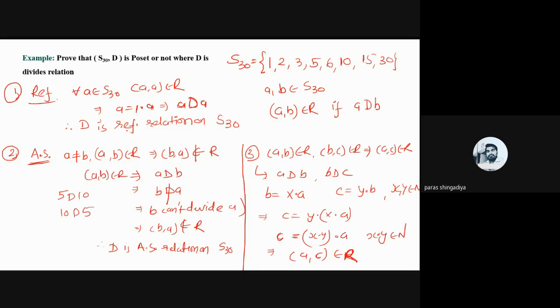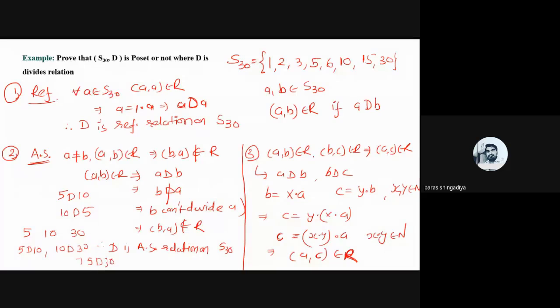And now for the transitive case, if we consider three numbers, 5, 10, 30. 5 divides 10, that is true. 10 divides 30, that is also true. X divides Y divides Z, A divides B divides C. Then we can also say that 5 also divides 30.